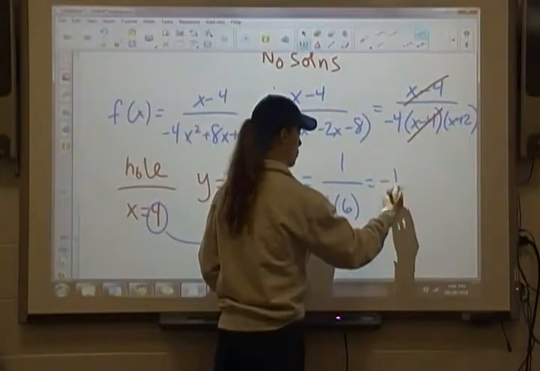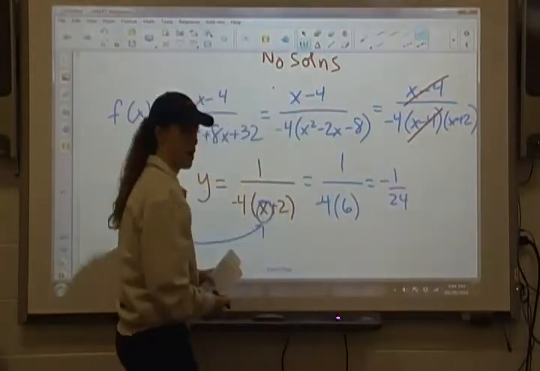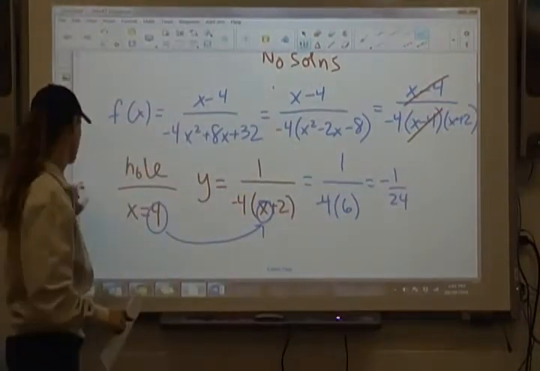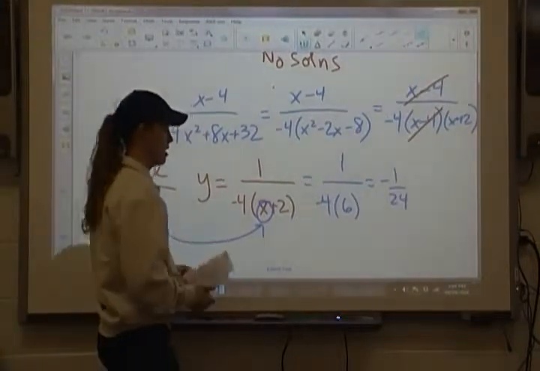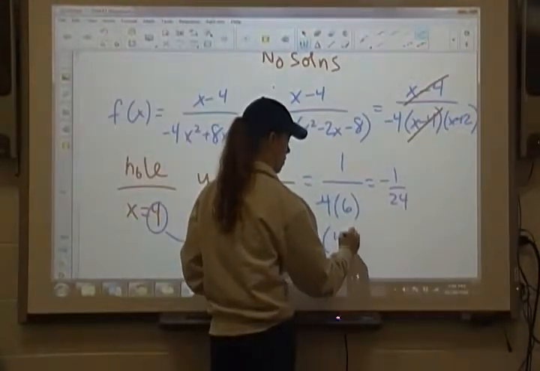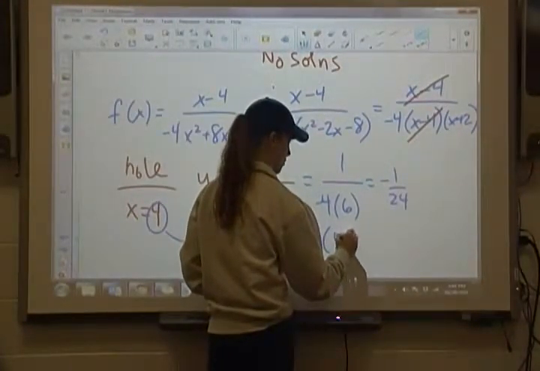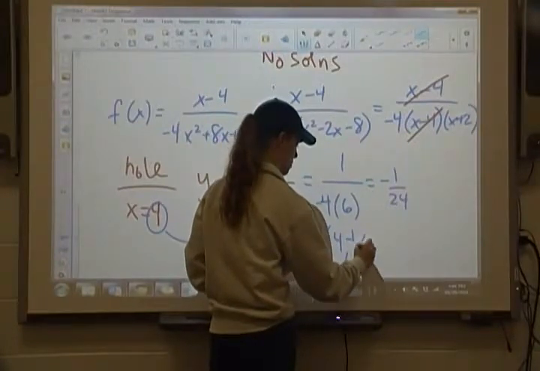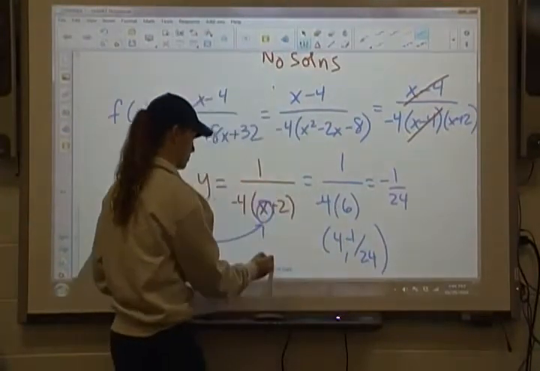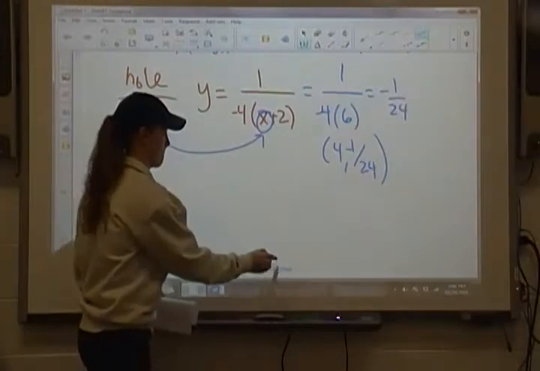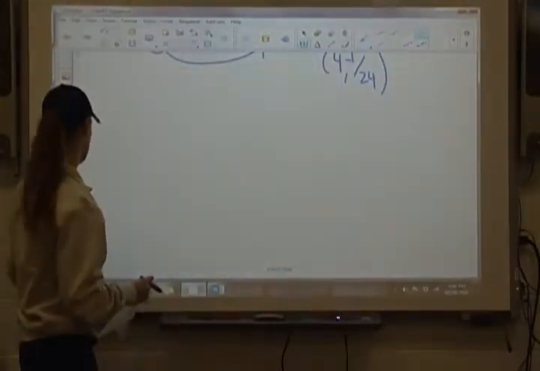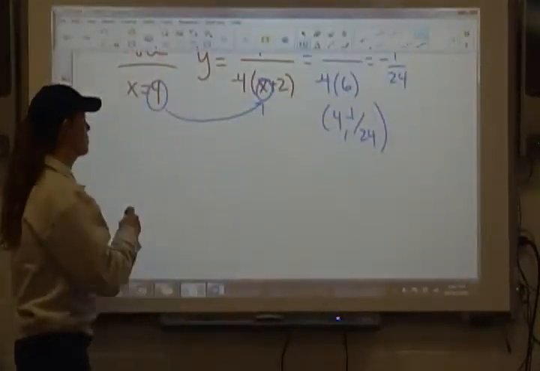So -1/24. Kind of an odd fraction, but you are plugging this value into a fraction, so hopefully that makes sense. So our point here is at -1/24. All right, so there's our hole.